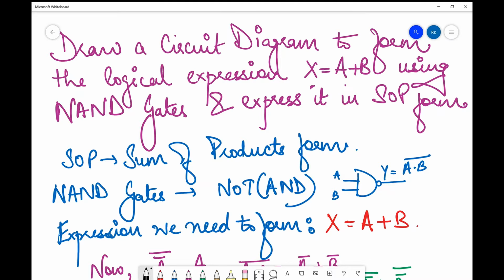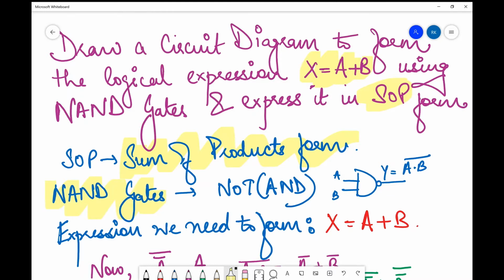So we have this question: draw a circuit diagram to form the logical expression x equals a plus b using NAND gates and express it in SOP form. SOP, as we all know, is sum of products form, and they have told us to form this expression using NAND gates.